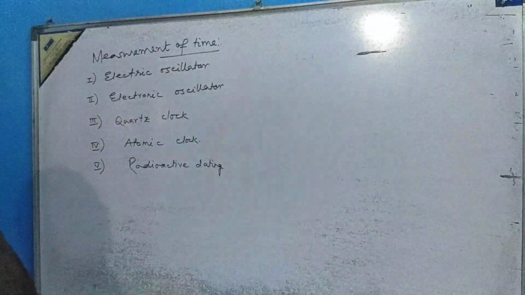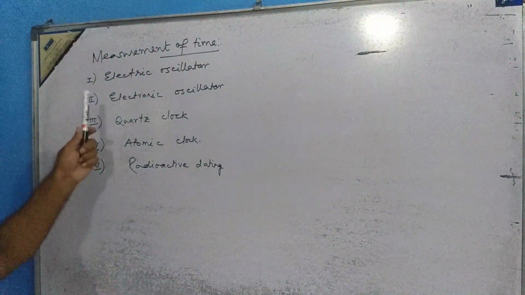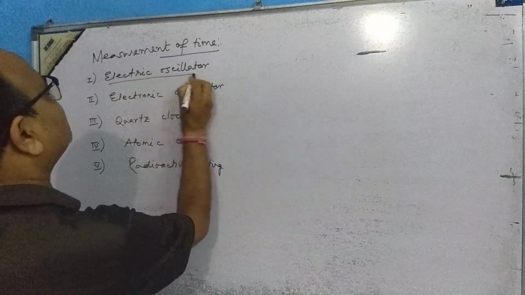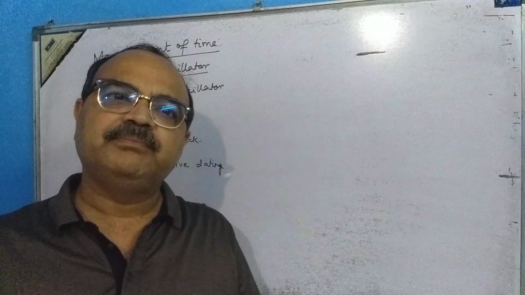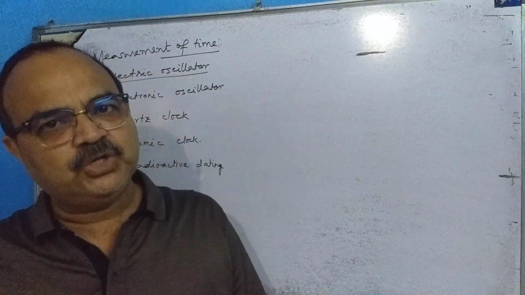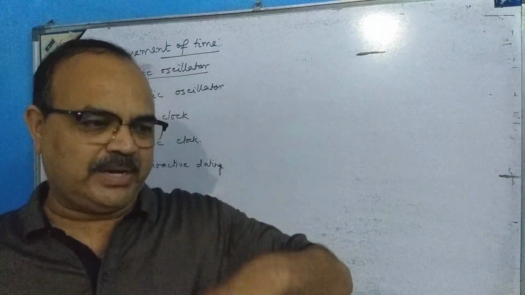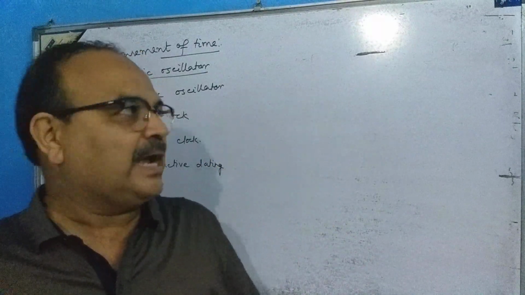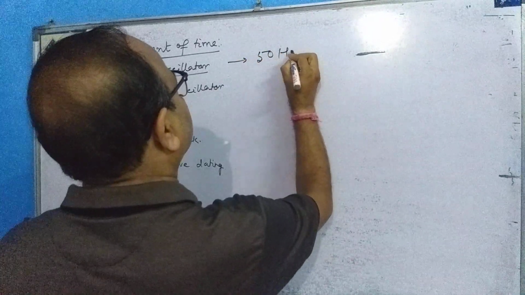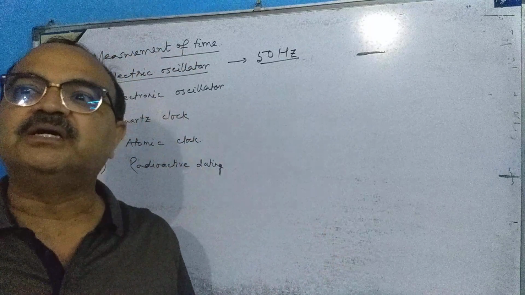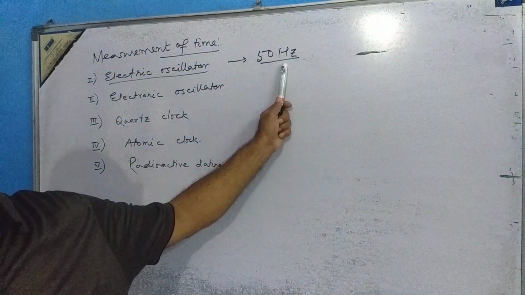Okay, how are time measurements made? First is with the help of the electric oscillator. Electric oscillator means, in India, we have the AC generator in which the coil rotates. I think you must know that the coil rotates with a frequency of 50 Hertz. Hertz means per second.